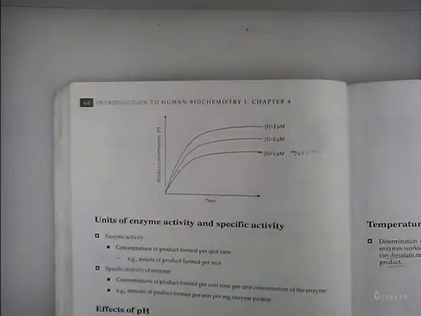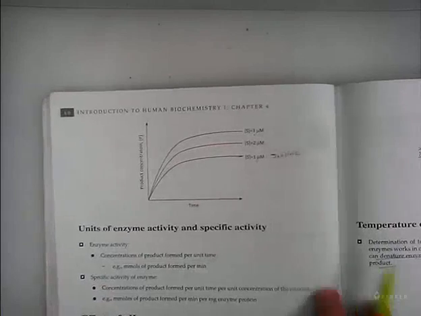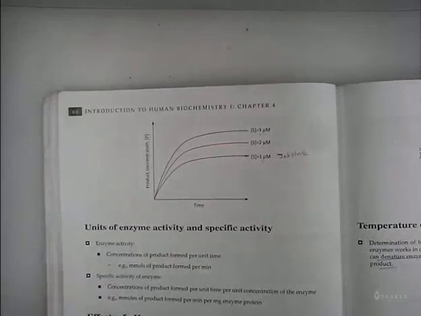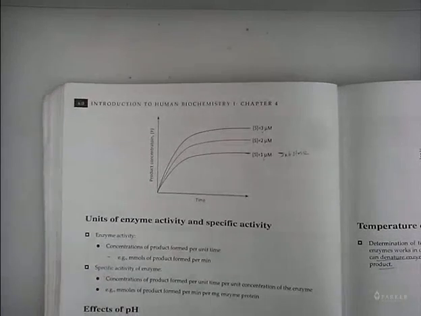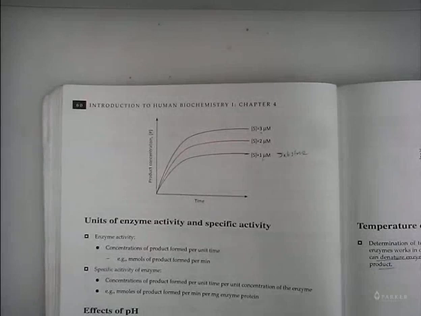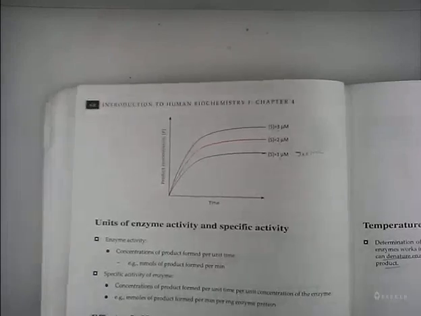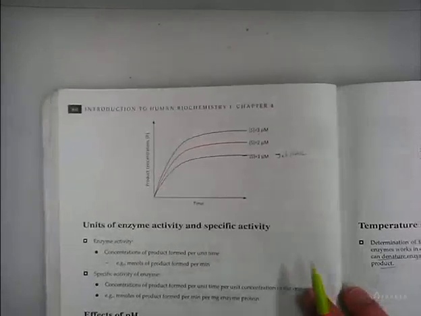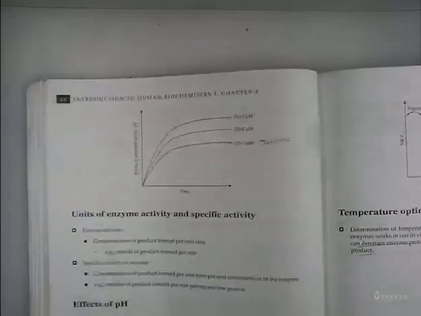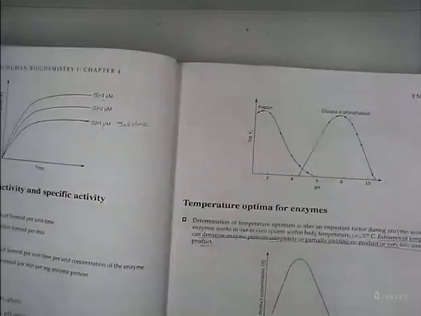So this is getting into the specificity of it. Like we talked, everything is specific in our body. We have to have that certain pH. They talked about what's the pH of our blood? 7.35, 7.45. That was on boards too, so know that. So enzymes have their own specific pH that they have to work at as well.